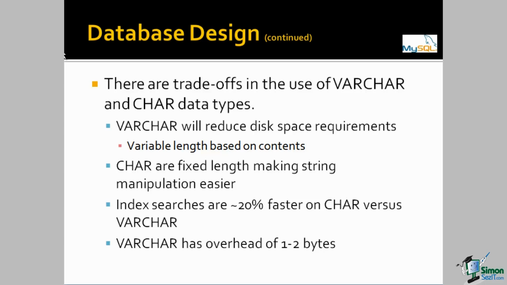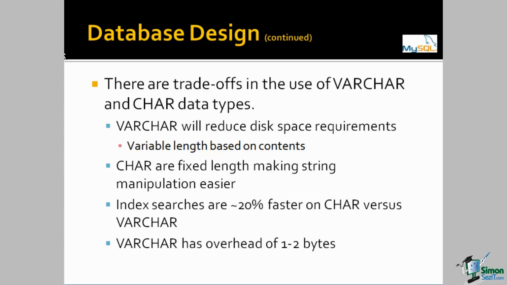However, manipulating the contents of a varchar becomes problematic because we don't know how much data is actually stored within it. Whereas if we used a char type of fixed length, then we could do any kind of string manipulation against that fixed length storage structure.